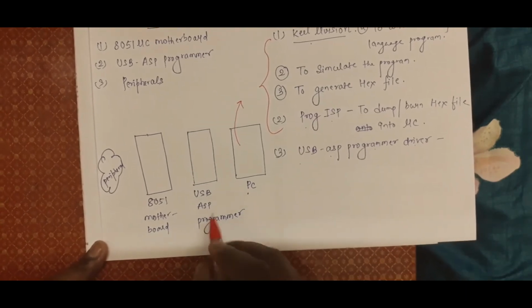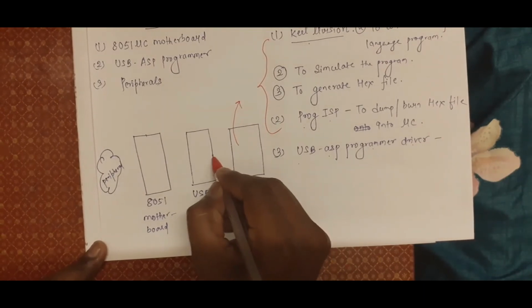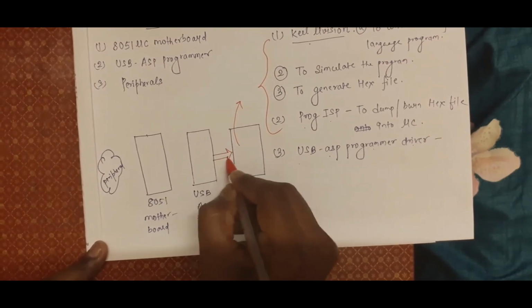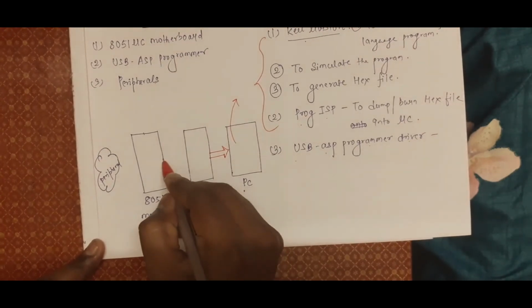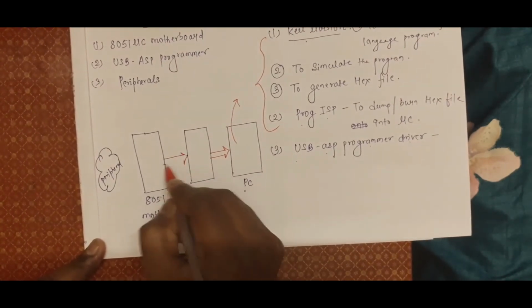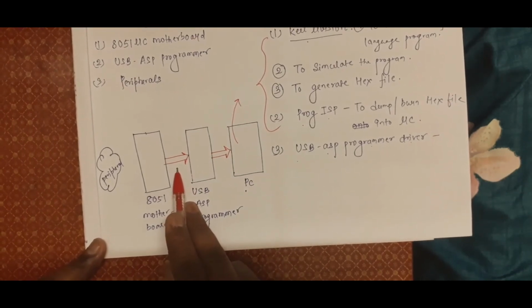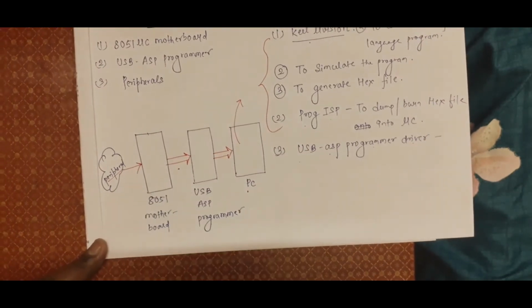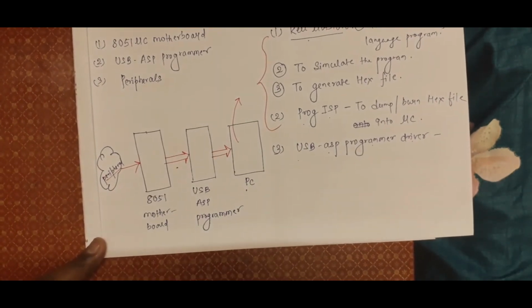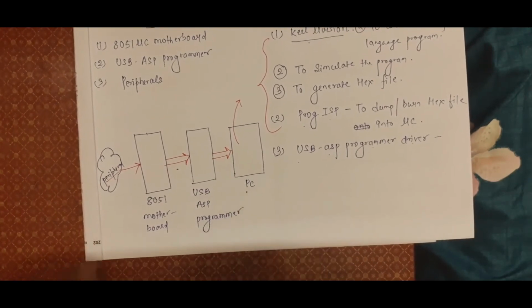Now this USB ASP programmer will be connected to the PC by using USB port. Your motherboard will be connected to the USB ASP programmer by using box socket that I will show you, and your peripheral should be connected to the motherboard. So this is the block diagram of any project you build.